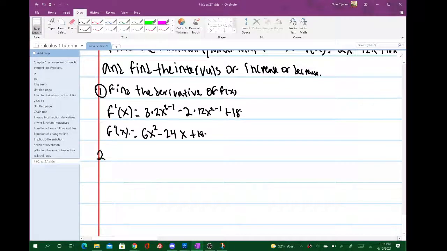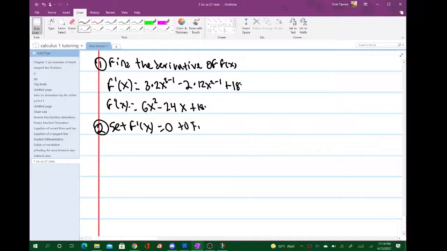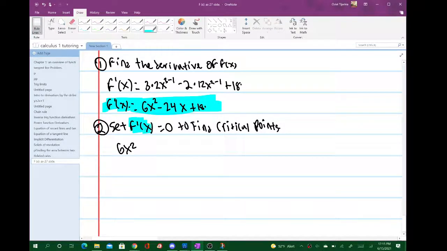Now number two, set f prime of x equal to 0 to find critical points. And by critical points, I mean x values, okay? So we're going to set this function equal to 0.